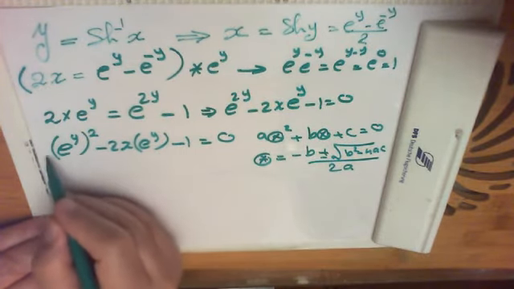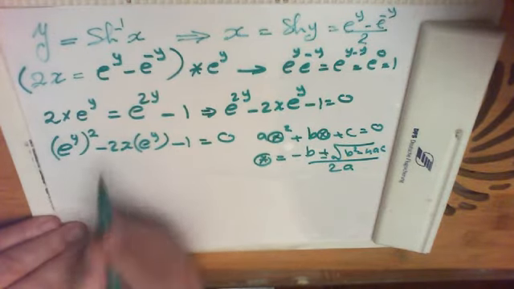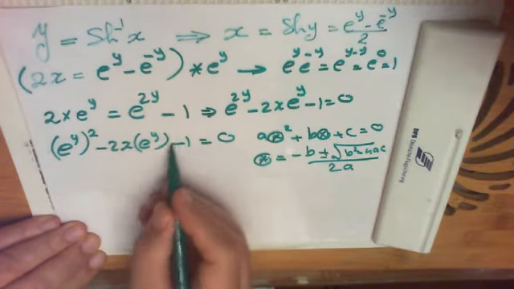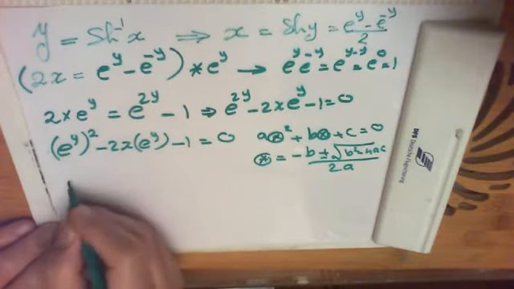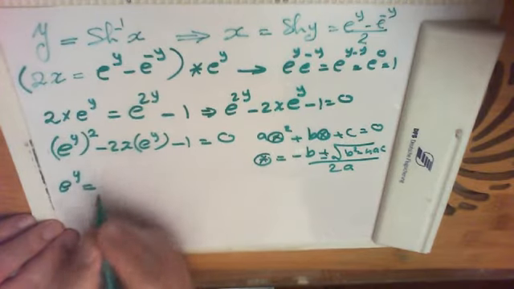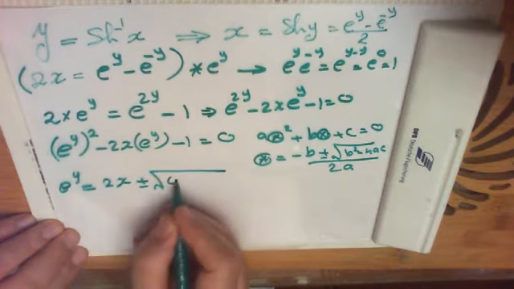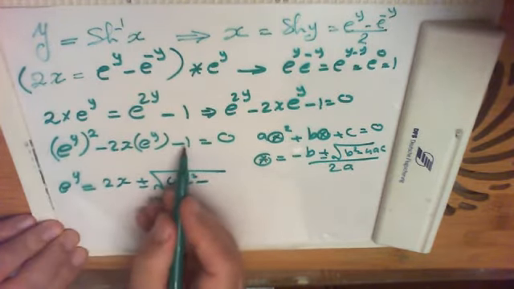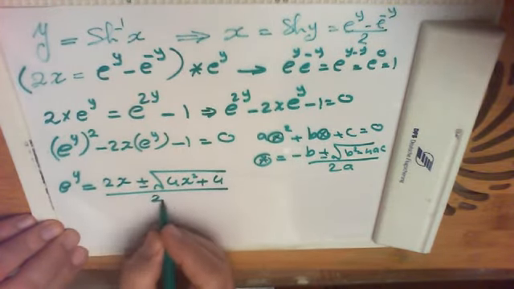As you see, a equals 1, b equals minus 2x, c equals minus 1. Therefore, e to y equals minus b, which is 2x, plus or minus the square root of b squared, 4x squared, minus 4ac. a is 1, c is minus 1, so minus 4ac will be plus 4, all divided by 2a, which is 2.